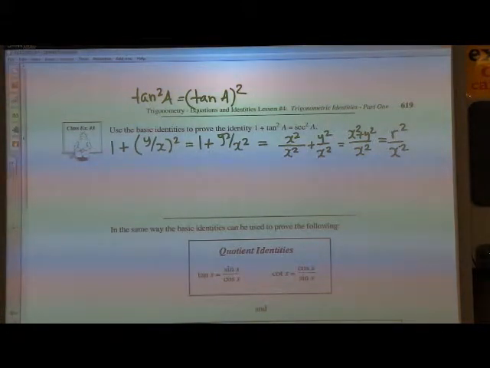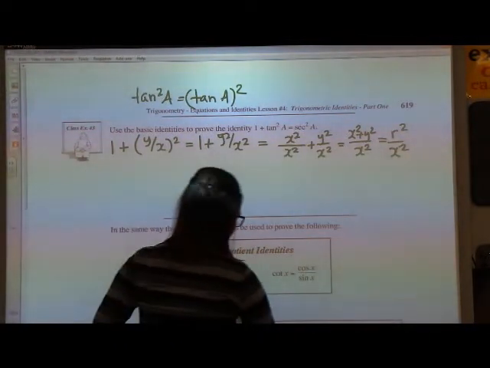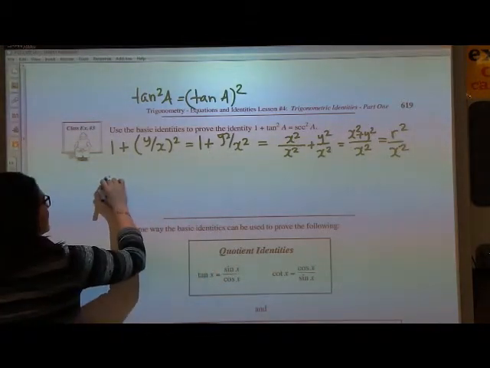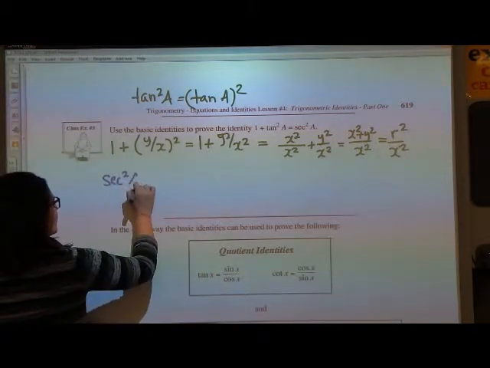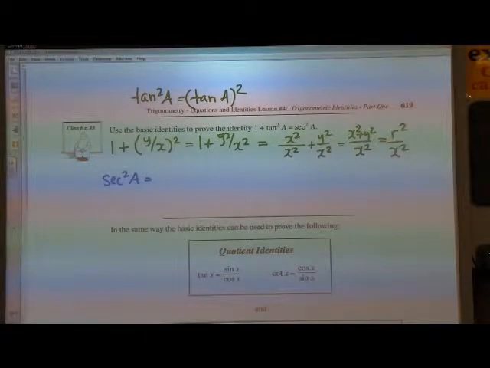I can stop at this point because there's nothing more that I can do. I can write r squared as x squared plus y squared, but then I'm moving backwards. So there's not really any other simplification that I can do. So now we work on secant. What do I know about secant?